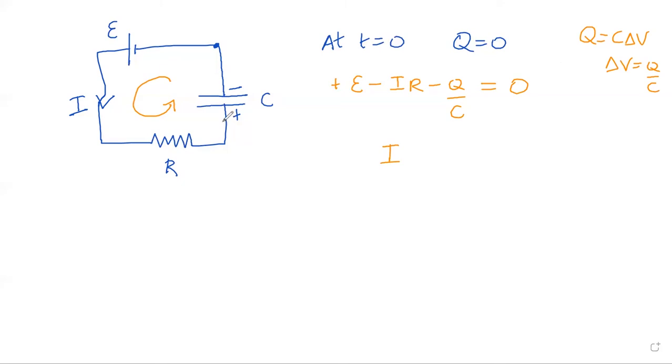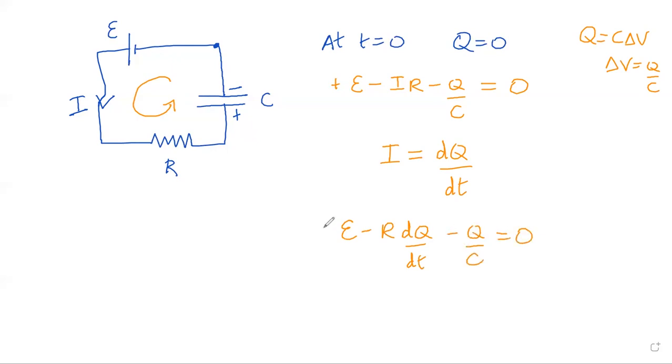In this case, we have the current going into the positive plate, increasing the charge in the capacitor. And so we have I is equal to dQ over dt. Plugging this in, we now have E minus R dQ over dt minus Q over C equals 0.